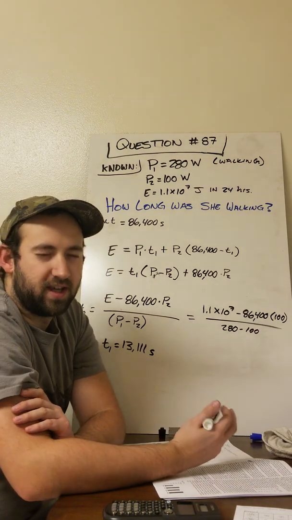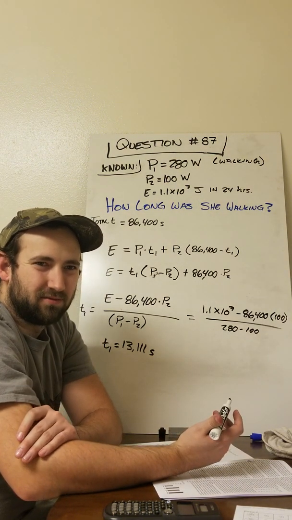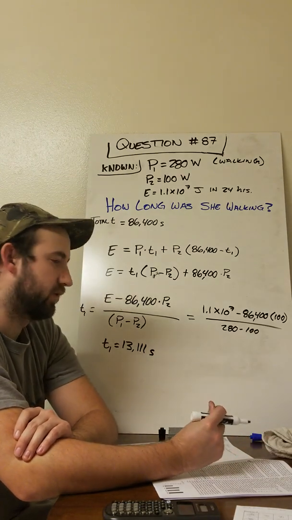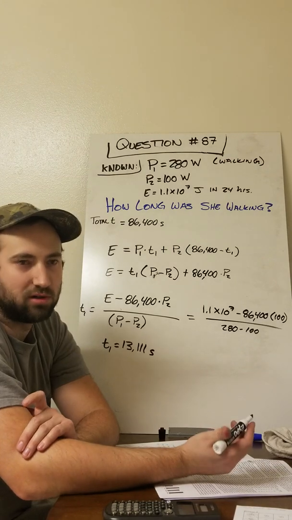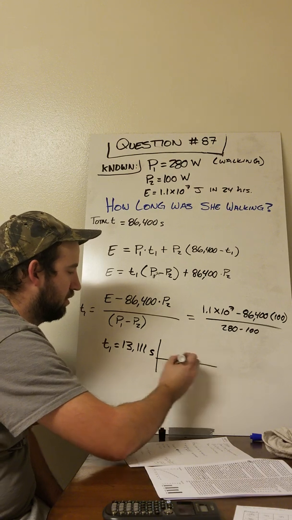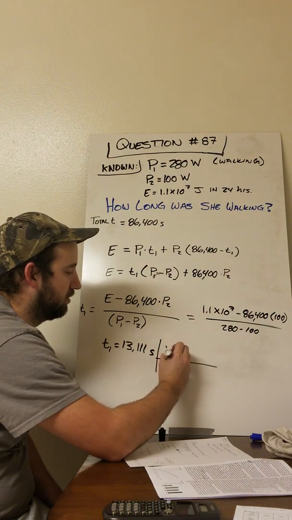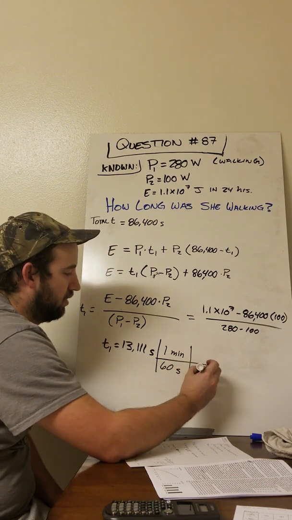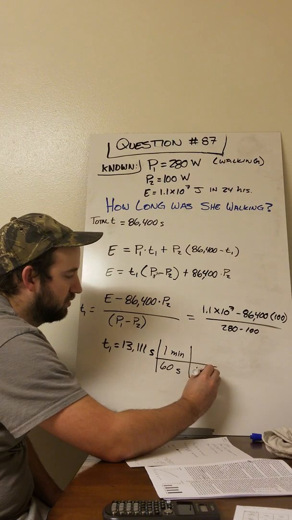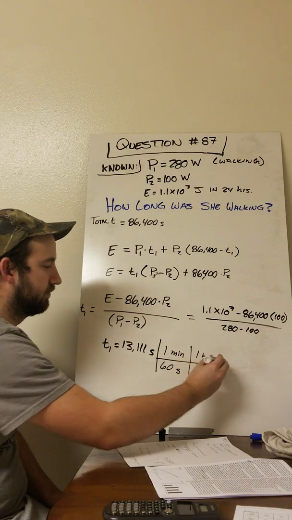So technically we've solved it, but that doesn't really give us what we want. We don't count all of our days in seconds only. So let's convert that back into, let's say, hours. So we'll take that, divide by 60 seconds in 1 minute, and 60 minutes in 1 hour.